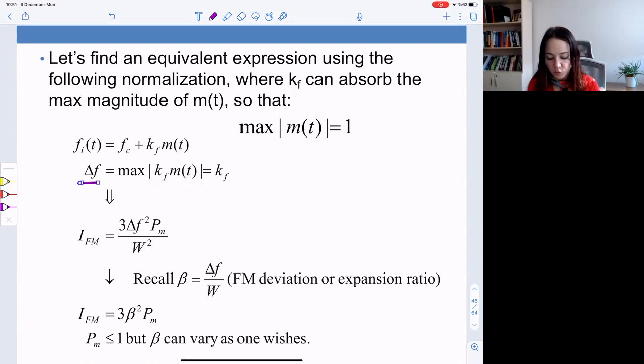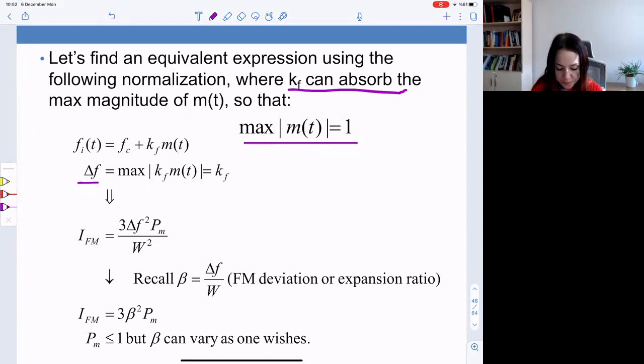Let's think of a normalized kf that absorbs the maximum magnitude of m of t, which corresponds to normalizing the message such that its maximum magnitude is 1. So we can redefine kf to be scaled such that we can treat the maximum amplitude of the message as 1.